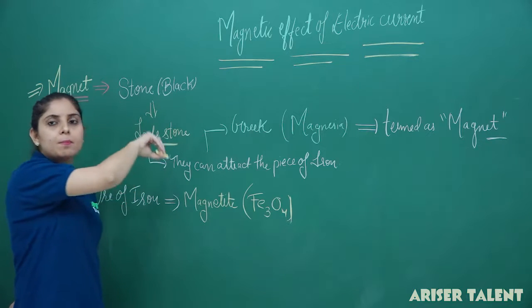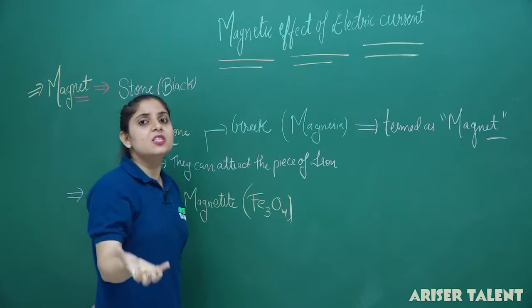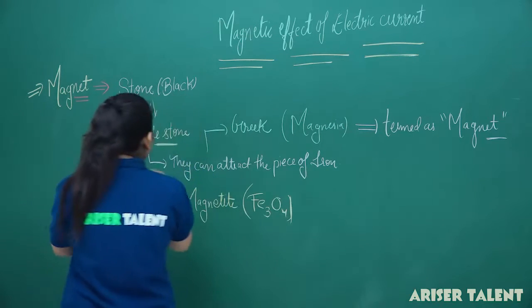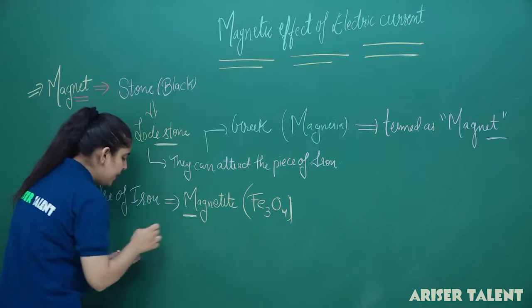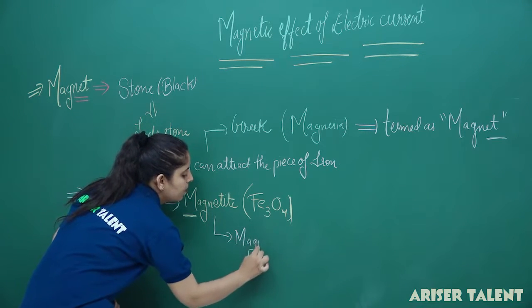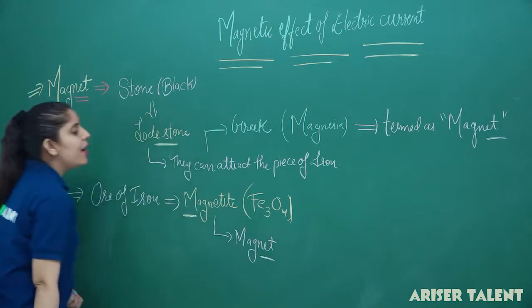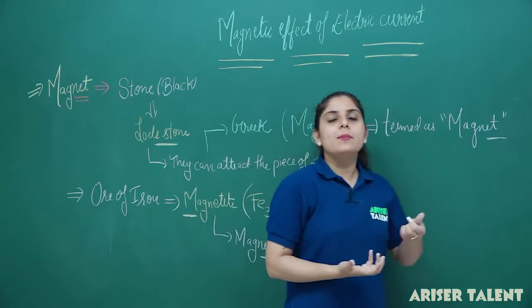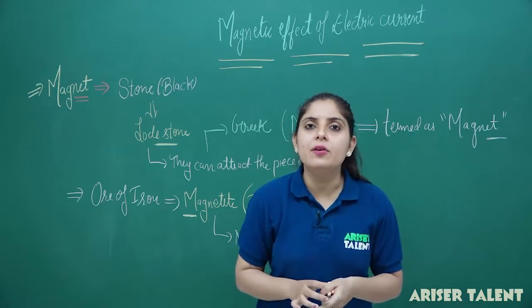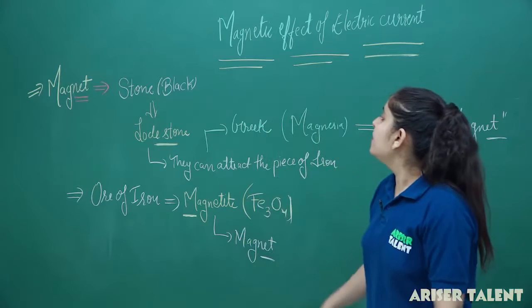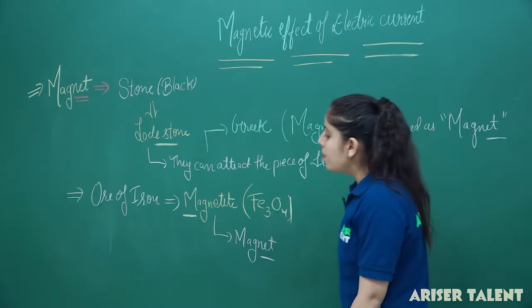That's why the term magnet is given, because it is obtained or extracted from magnetite. So if it is extracted from magnetite, we have termed that compound a magnet. So the term magnet has been given to the compound which has a tendency to attract pieces of iron. This is the story behind the origin of the magnet.